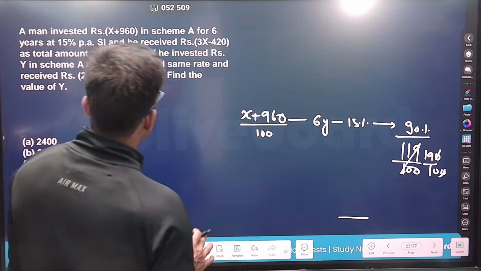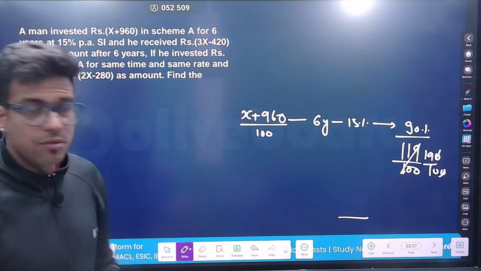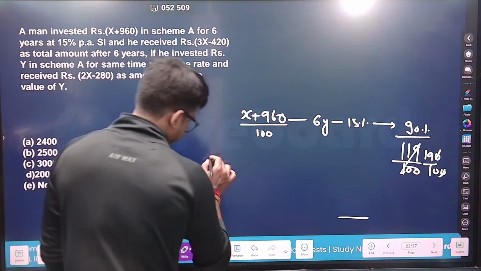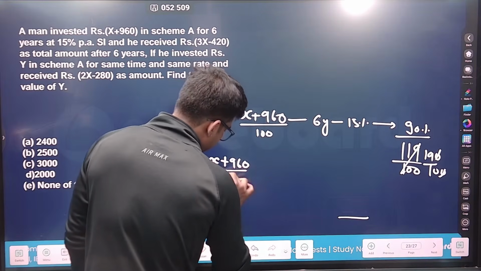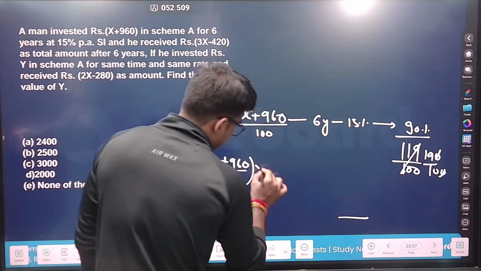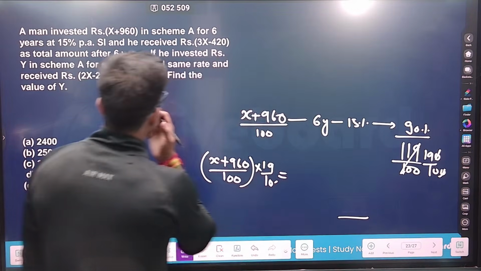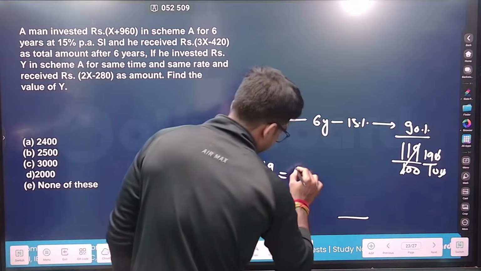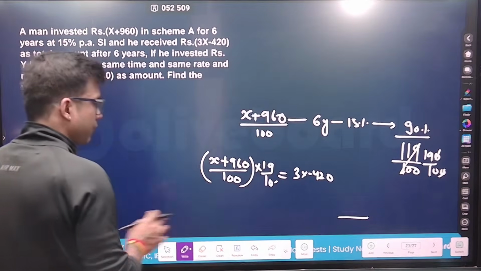And he received rupees, now see, what you received is very important. What they are giving you is also very important. So from here, x plus 960 by 100 multiplied by 19 by 10 is equal to what? Is equal to 3x minus 420. Correct? Makes sense?